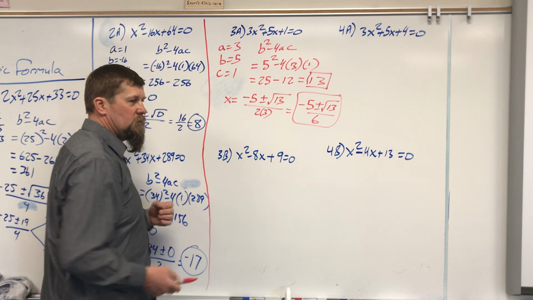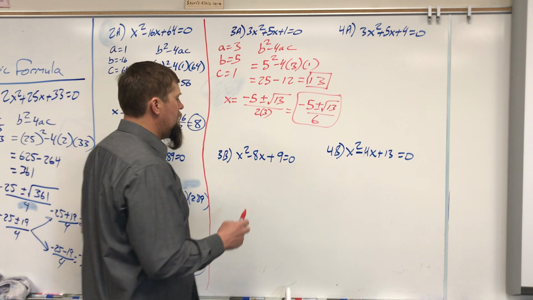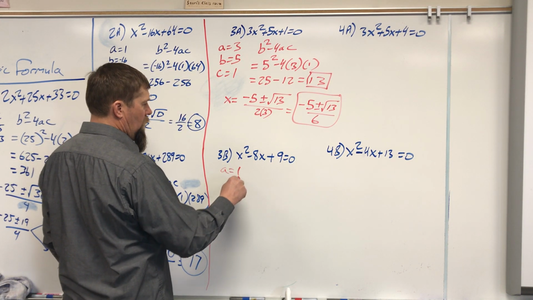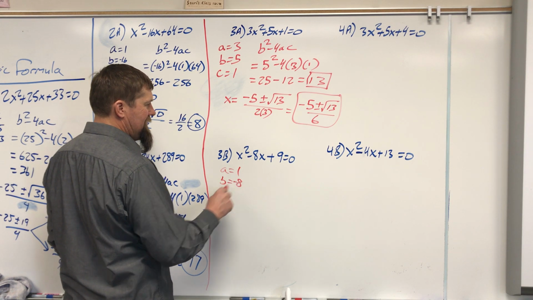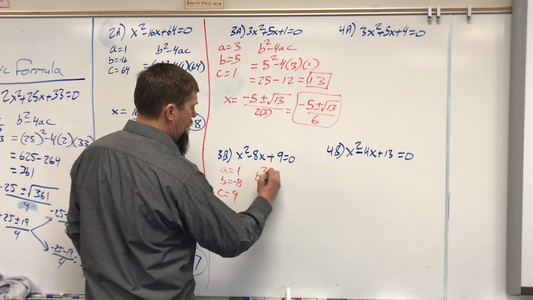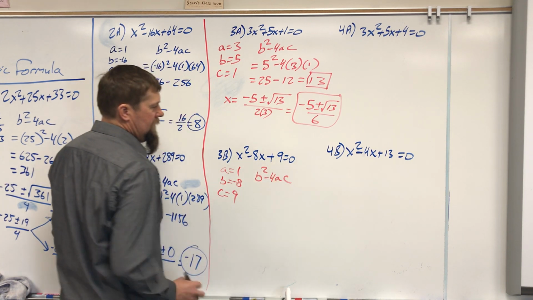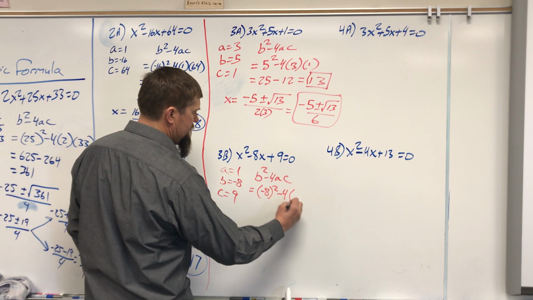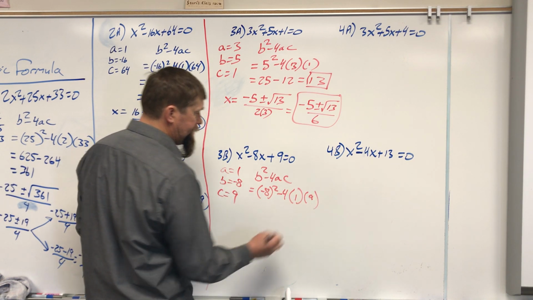All right, let's watch this one. This one's a little bit different, so pay attention to this one. A equals 1, B equals negative 8, C equals 9. We end up with B squared minus 4AC, which is negative 8 squared minus 4 times 1 times 9.